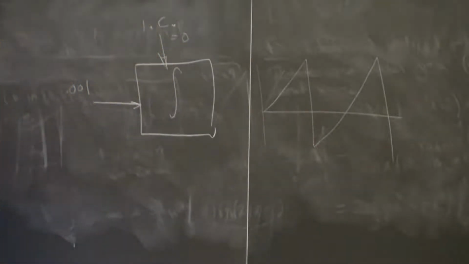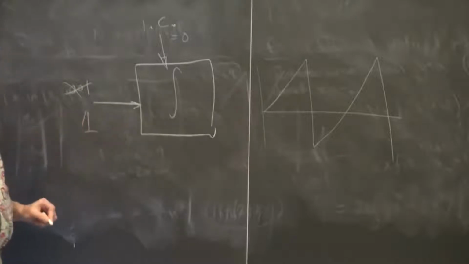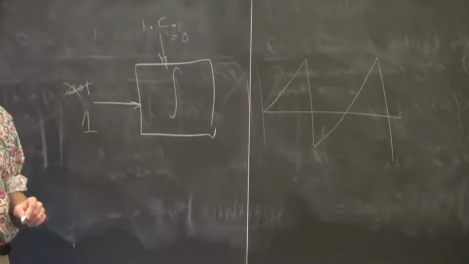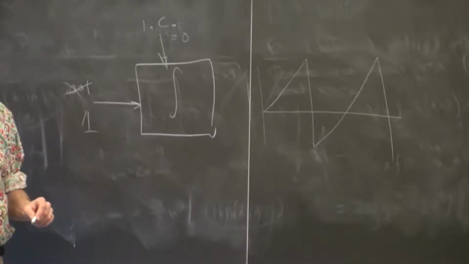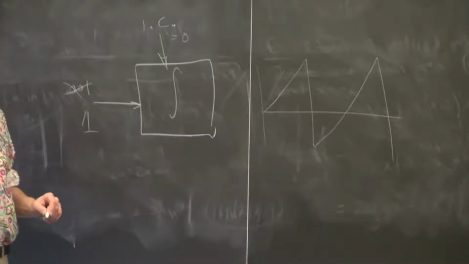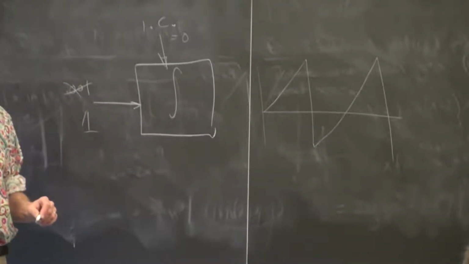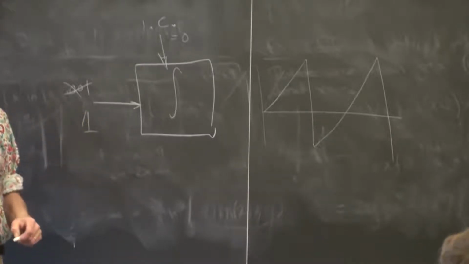If you were to simplify things and set the input to 1, what are you going to see? It's going to be an almost incomprehensibly fast square wave. It's going to be +1, -1, +1, -1. You're going to say, that's not a ramp.